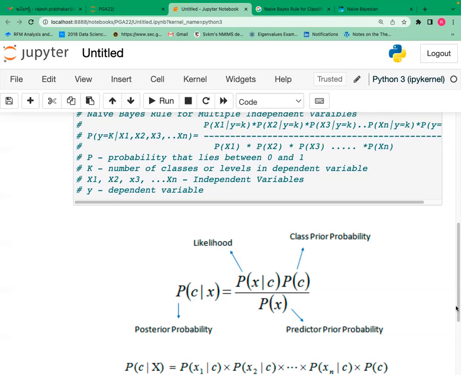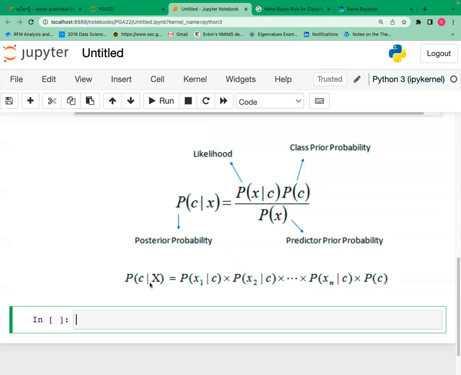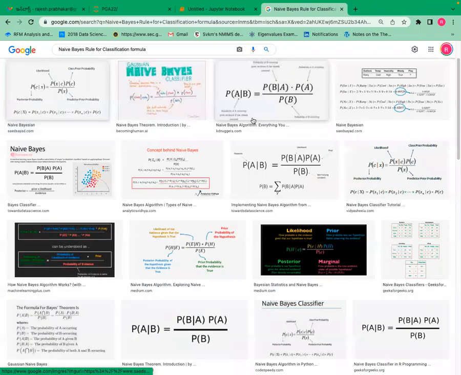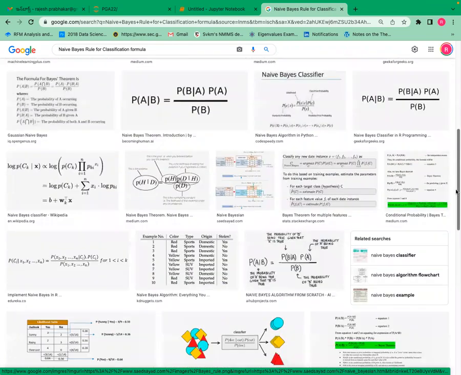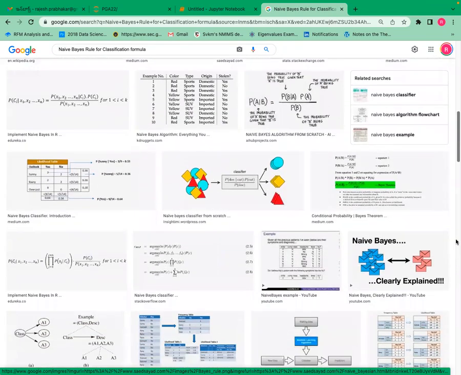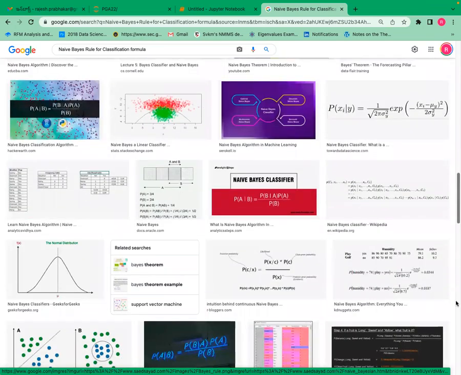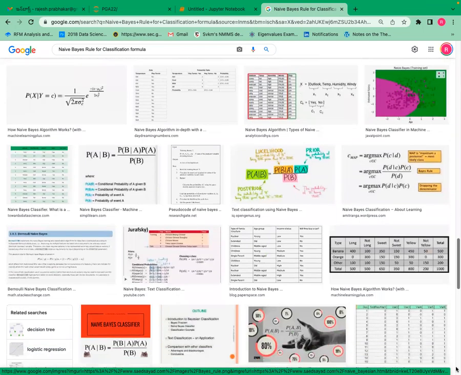Hey, they made a mistake here. This is probability of x given C here, not C given x. Sometimes these guys also make silly mistakes in the formulas. This is also C given X. Correct formula. Another correct formula.